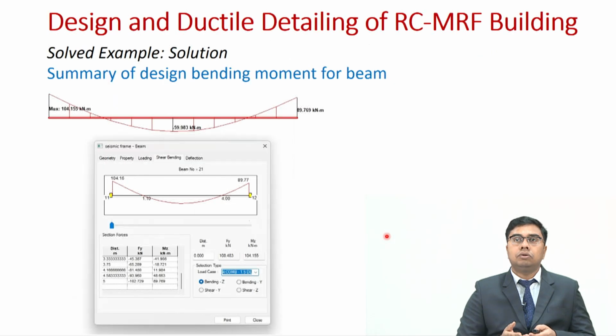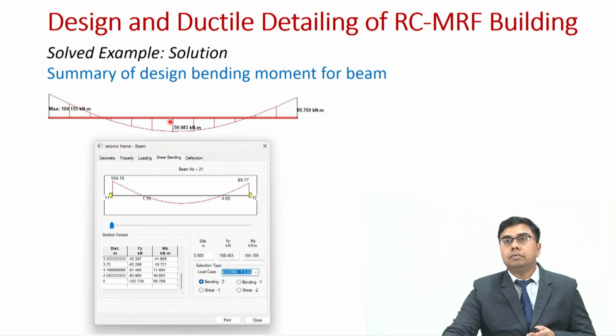So let us look into the design action on the beam which we are intending to design in this course as a solved example. In this case, we observe that the beam has a maximum hogging moment of 104 kilonewton meter. Now this is based on all the load combinations, so we have considered the maximum of all the load combinations, that is the envelope maximum value.